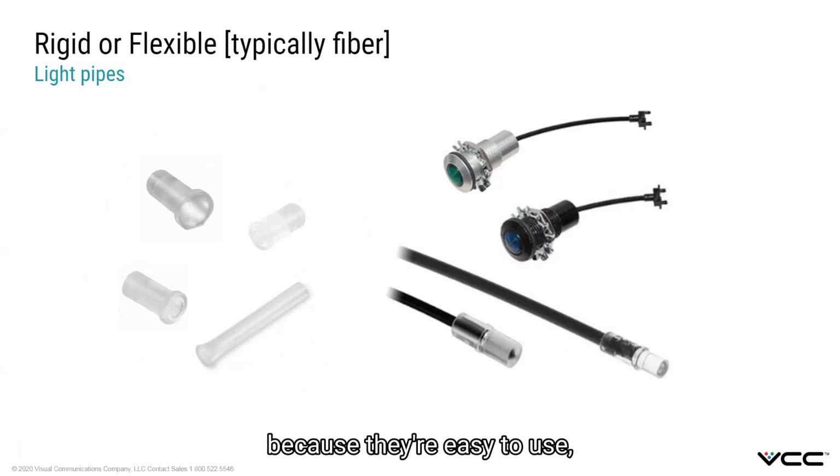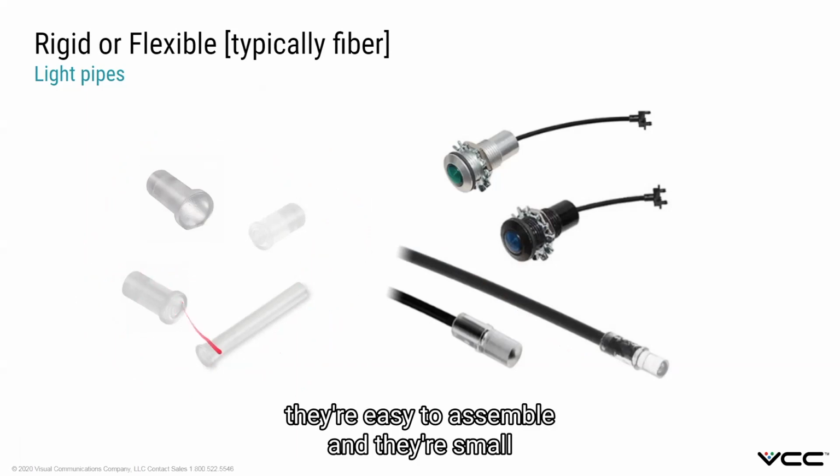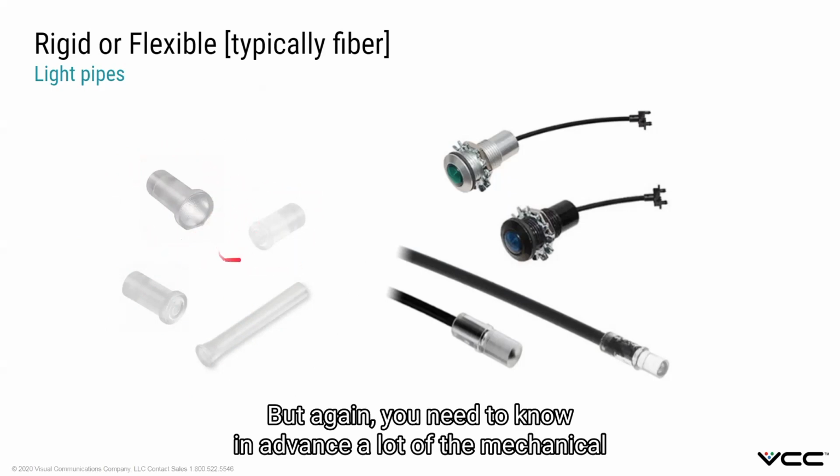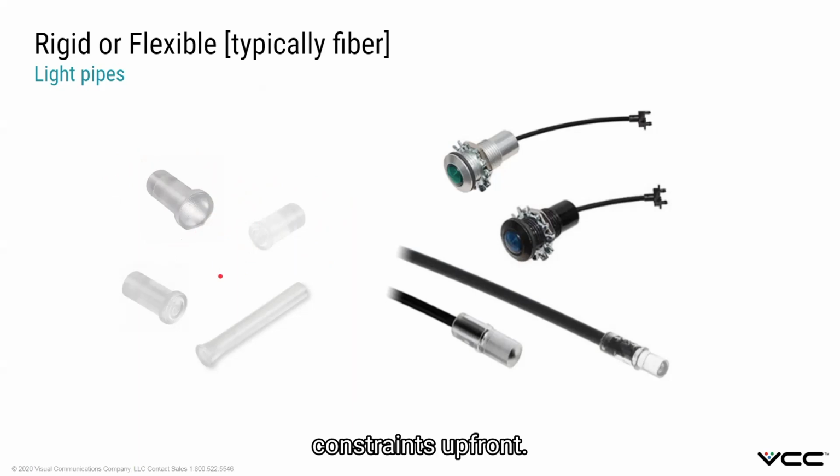Because they're easy to use, they're easy to assemble, and they're small. They're cost prohibitive. But again, you need to know in advance a lot of the mechanical constraints up front.